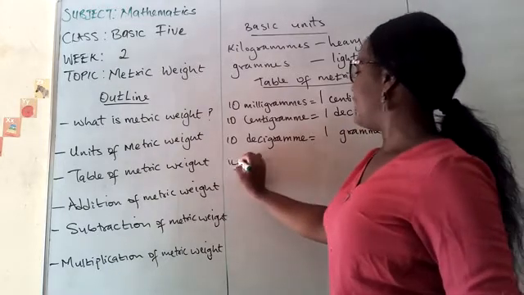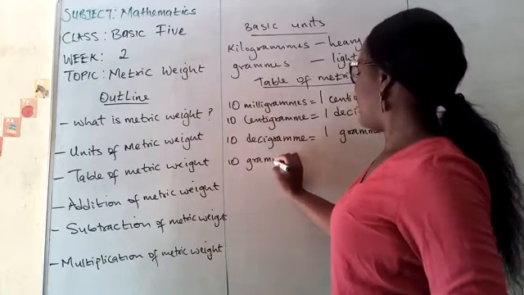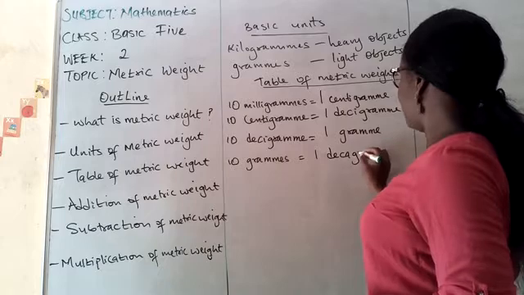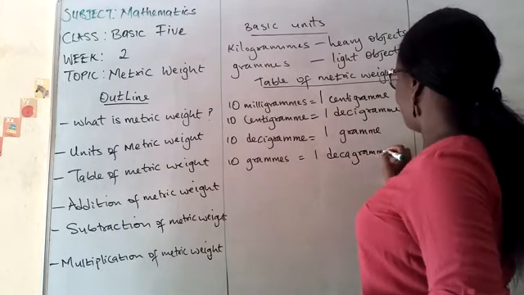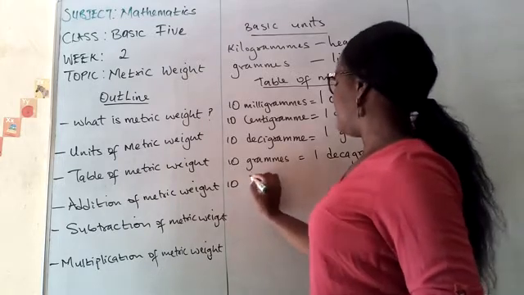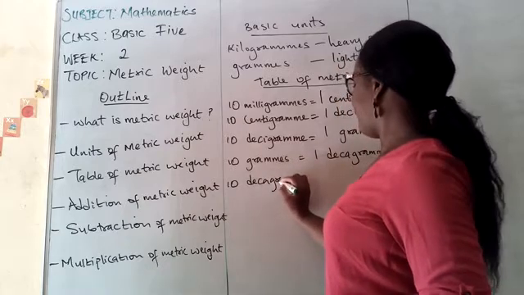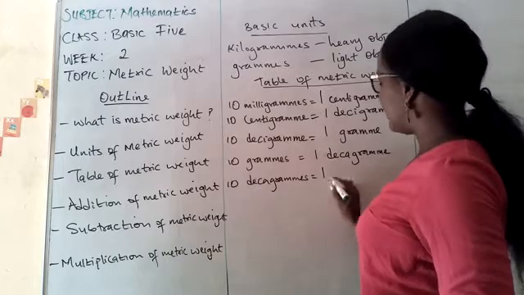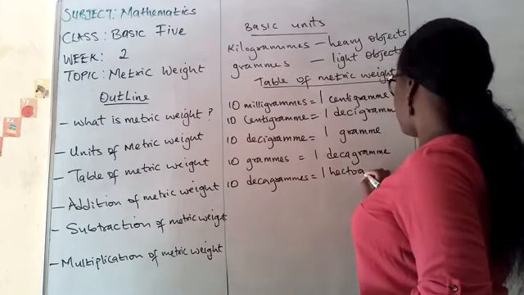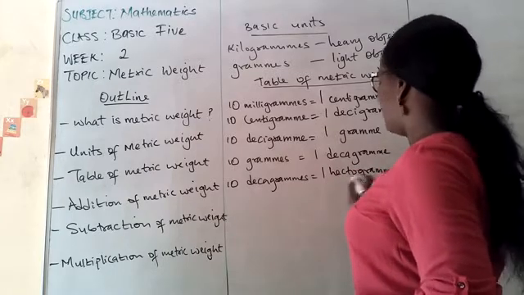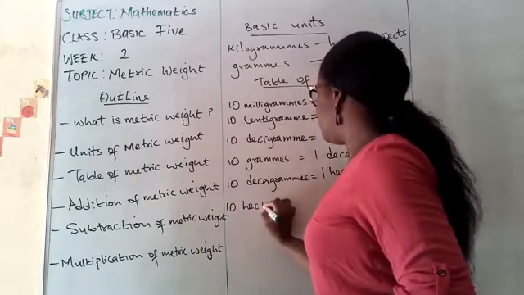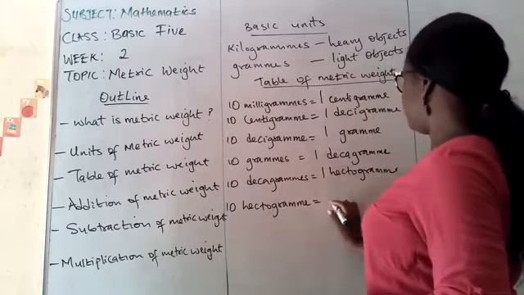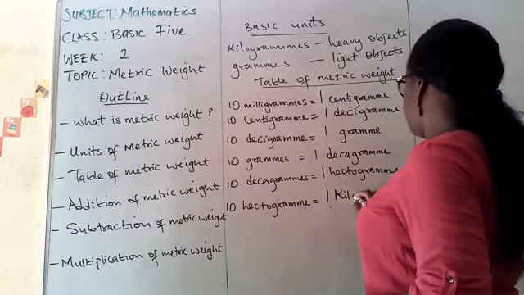Now we have 10 grams as your 1 decagram. And 10 decagram will be giving you 1 hectogram. And 10 hectograms will be giving you 1 kilogram.